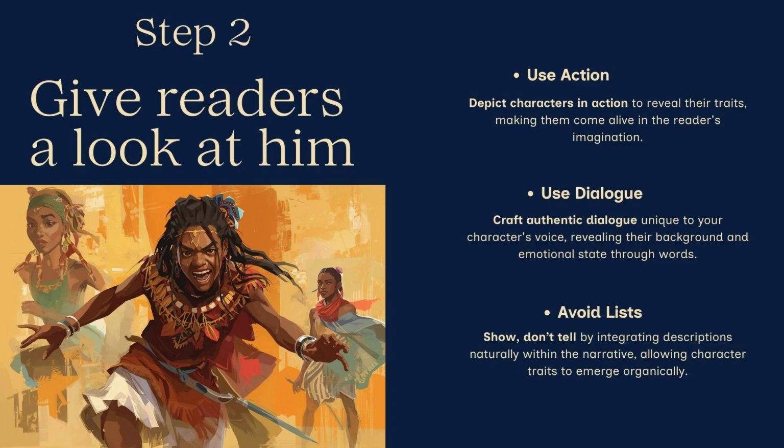So here, make sure you use action. Action depicts characters to reveal their traits, making them come alive in the reader's imagination. So you want a clear picture of your character in your mind's eye. But don't make the mistake of forcing your reader to see him exactly the way you do.